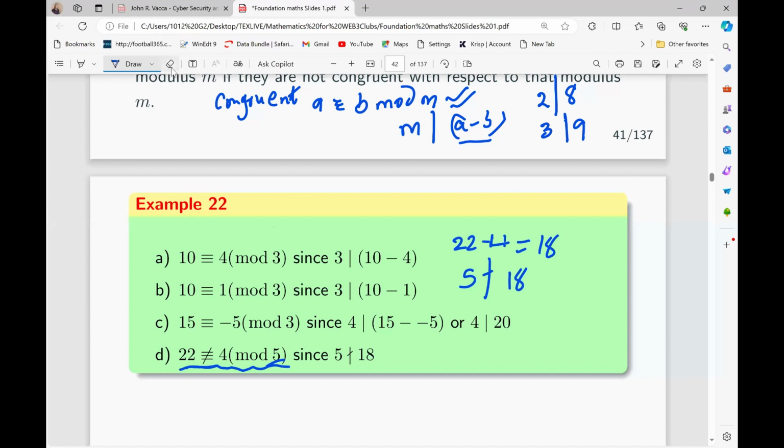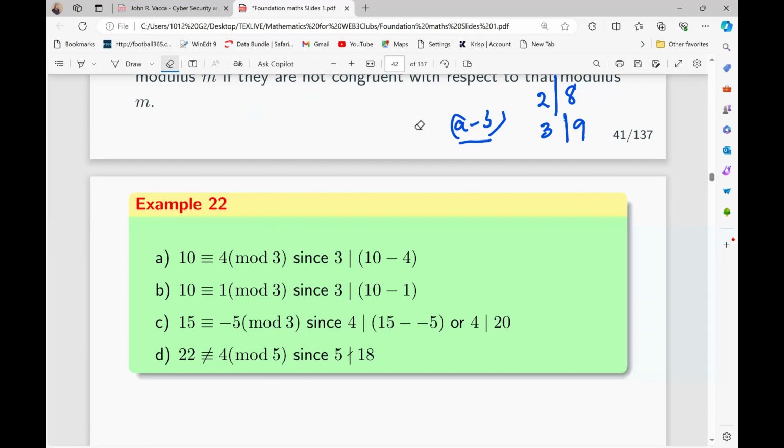So that is the definition of congruence, and it's not the only definition. There's another definition that we'll be looking at. That is the first definition: two numbers are congruent to each other, mod m, if m can divide their difference.